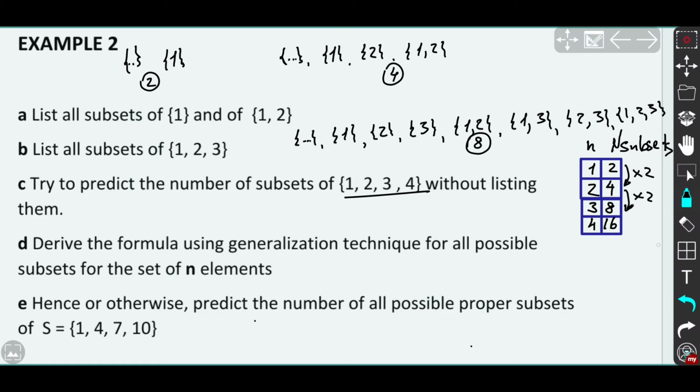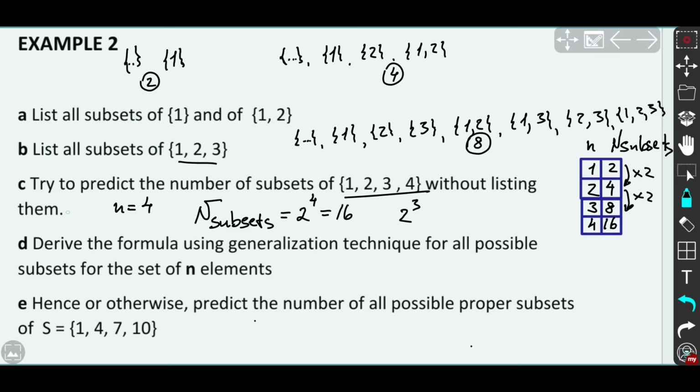So every time you multiply by 2. In other words, for the set with n equals 4 elements, you'll get all possible subset combinations using the formula 2 to the power 4, which is 16. The previous case was 2 to the power 3 for the set of 3 elements.